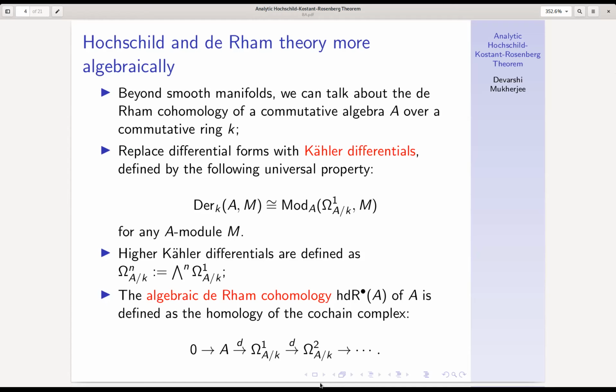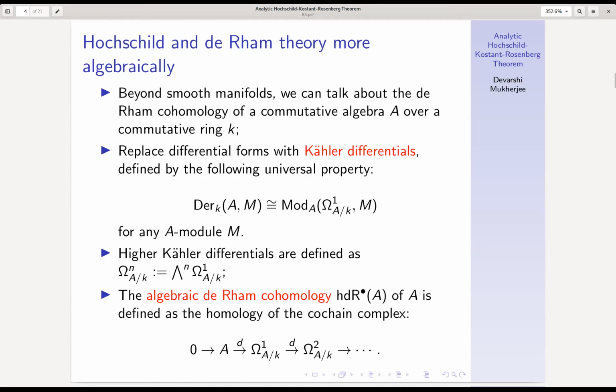What we need to do in that paradigm is replace differential forms with Kähler differentials. It's given by this universal property: derivations from A to some module M are given by A-module maps from Omega^1 to M, and this object Omega^1 uniquely characterizes this isomorphism that you see. But you can define this very explicitly.